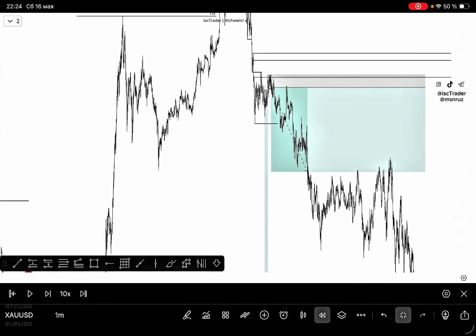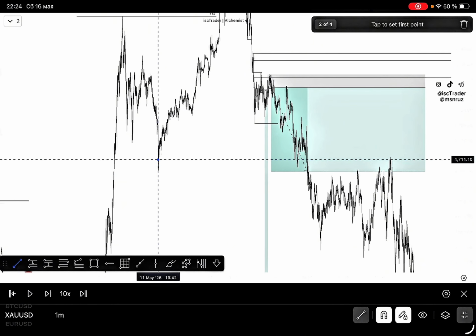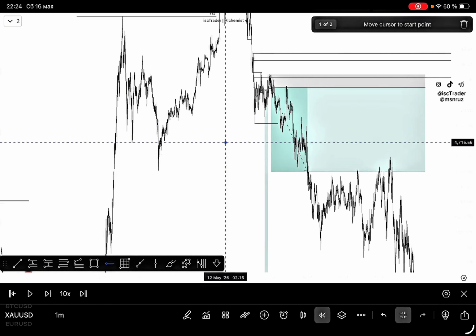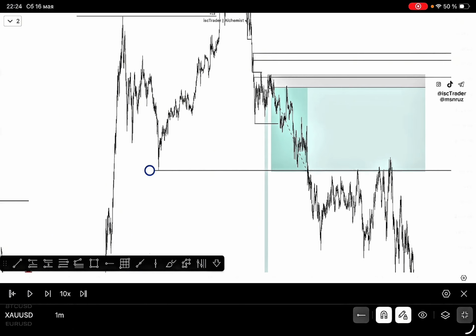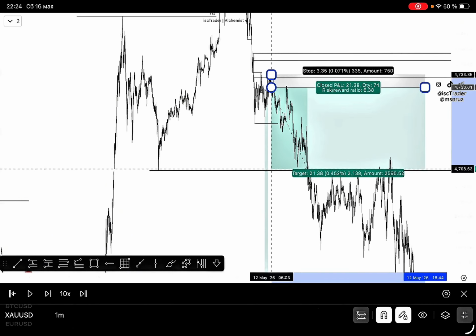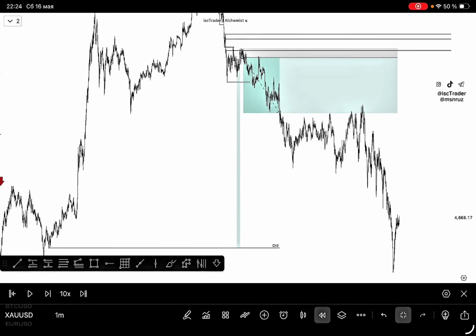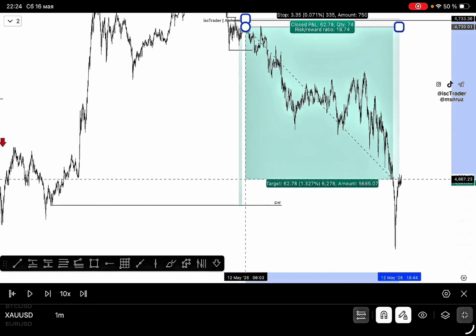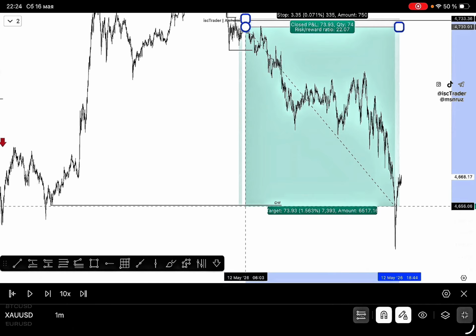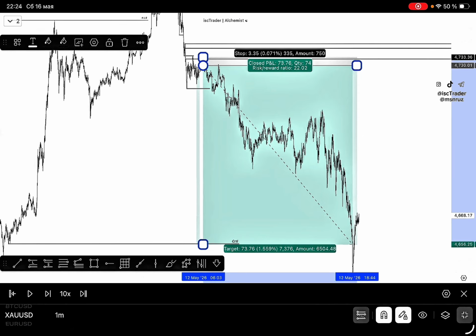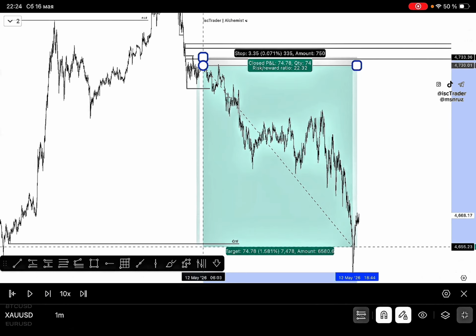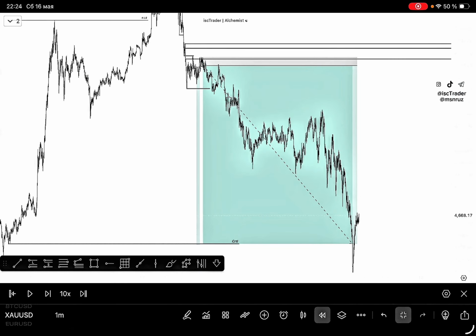If you want, close it at this internal range liquidity. Here it is 1 to 6, which is also not bad. Full take profit, CRT low, and the risk reward is 1 to 22, 21.